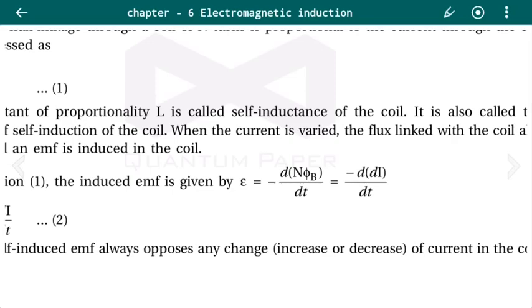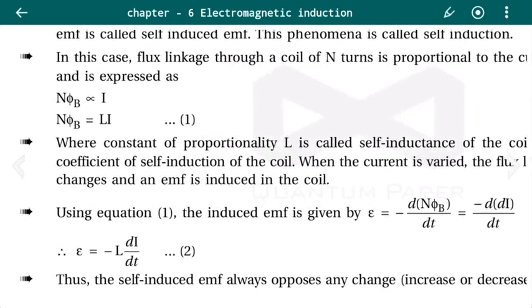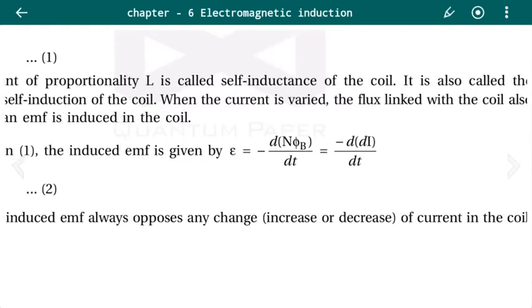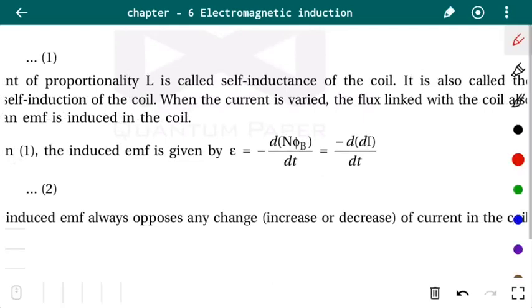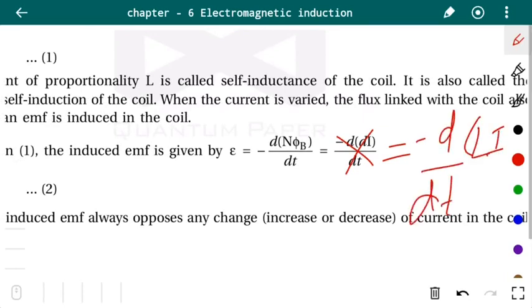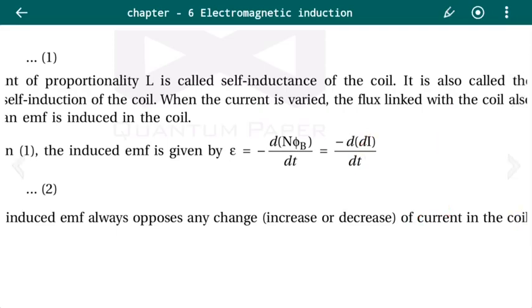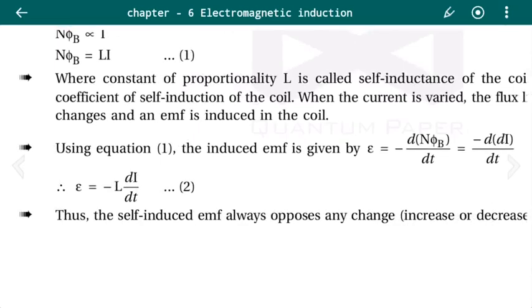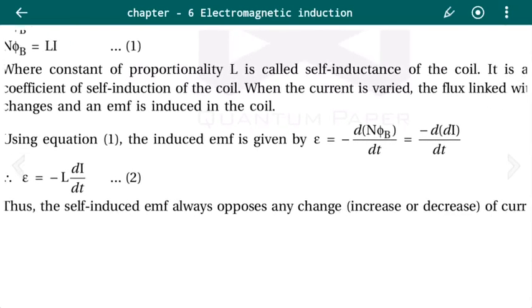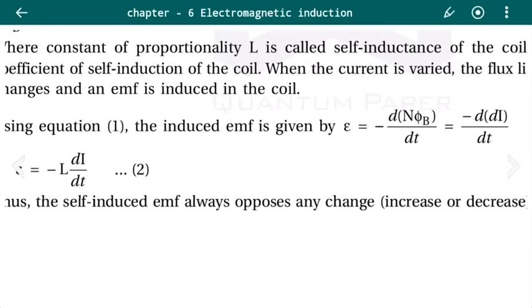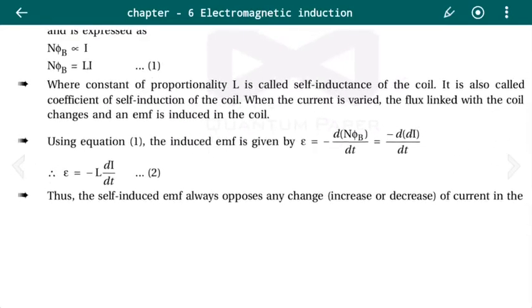N phi B, from equation 1, is nothing but L I, so we can write minus d upon dt of L I. Here L is constant, so taking L outside, it will be minus L dI by dt. So EMF equals minus L dI by dt.